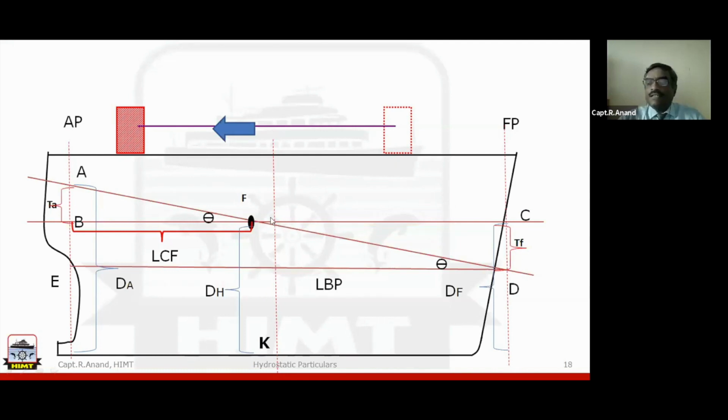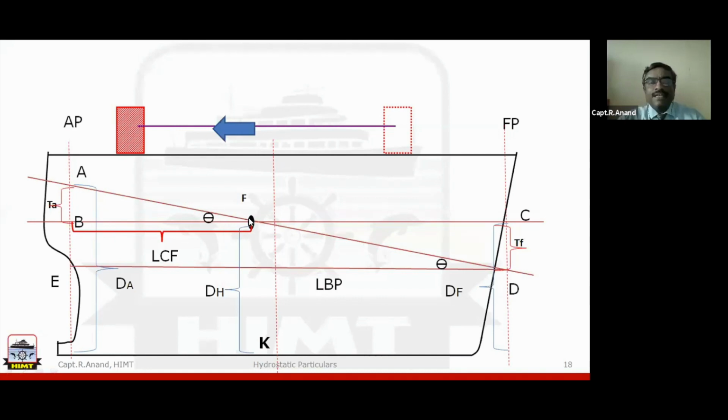So if I take this triangle FCD, tan theta will be TF by this distance FC, and FC is nothing but, there is no specific term for it, we just say it is LBP minus LCF, is it not? Because BC represents LBP and B to F is LCF.